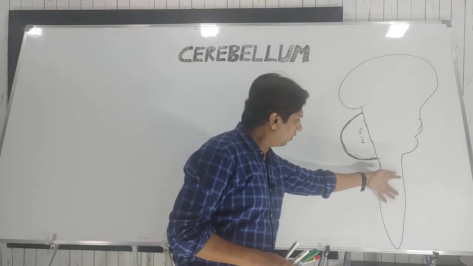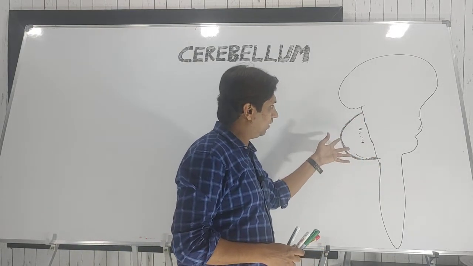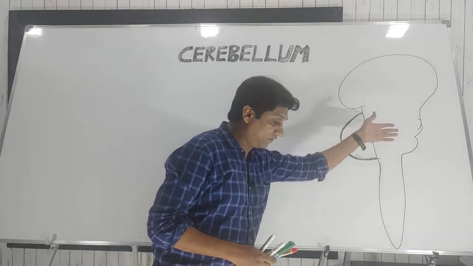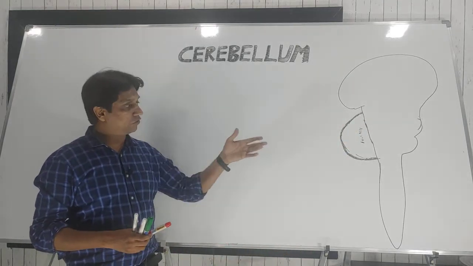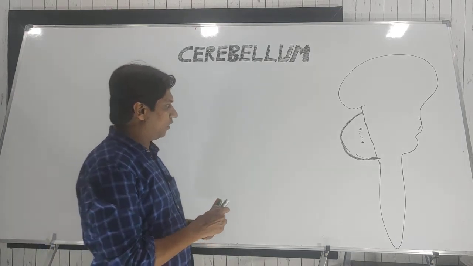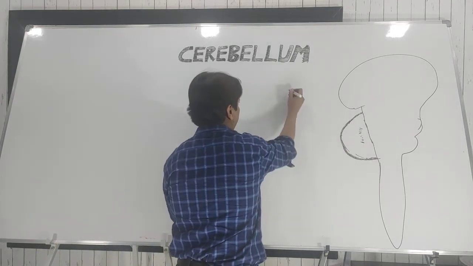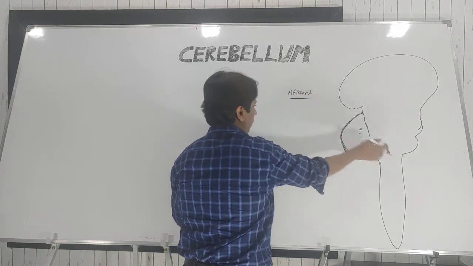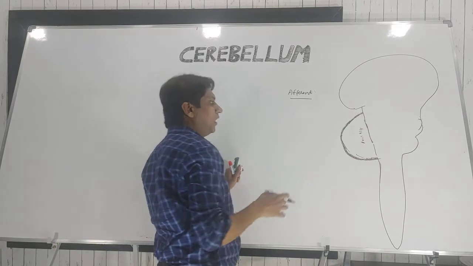So many fibers enter the cerebellum, and also many fibers exit, that is the efferent fibers go out. The fibers which come inside the cerebellum are the afferent fibers to the cerebellum.